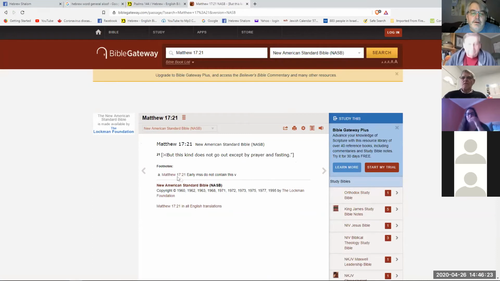It's in there. So see, early manuscripts do not contain this verse, and they put it in little parentheses with a footnote. So that would indicate to me that New American Standard is going with the Roman Catholic manuscripts. Interesting. Okay, thank you. You're welcome. And that's a test verse.